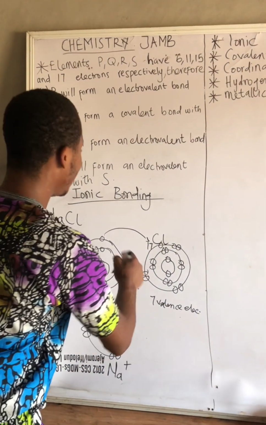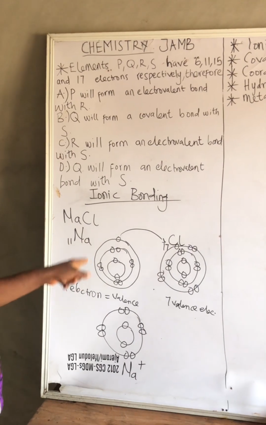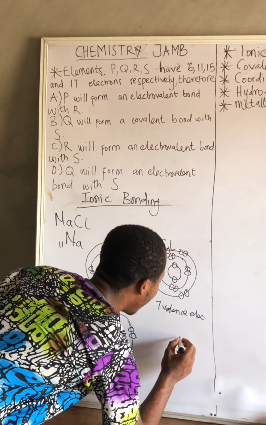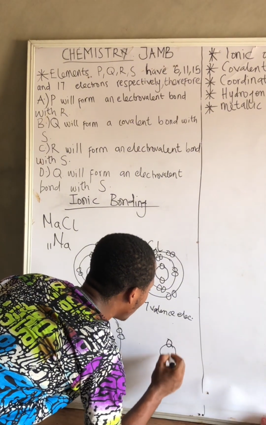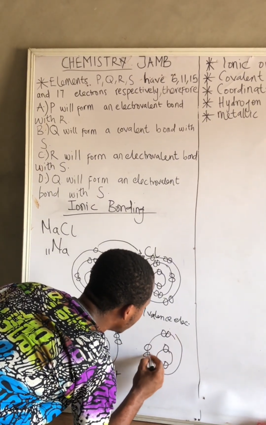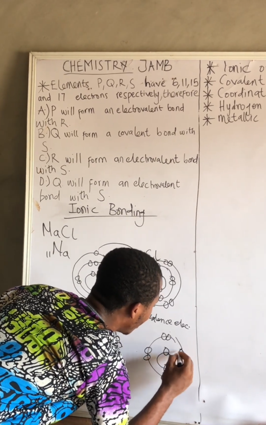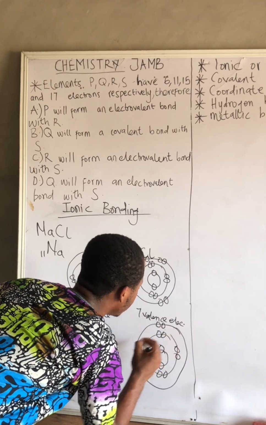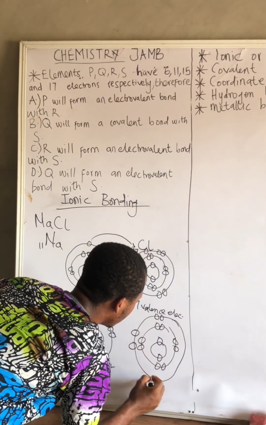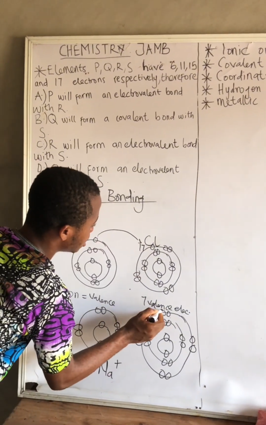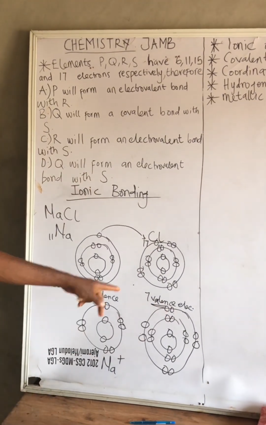For chlorine, after sodium has transferred one electron to it, the valence shell now has 8 electrons, because sodium has transferred one of its electrons to chlorine.